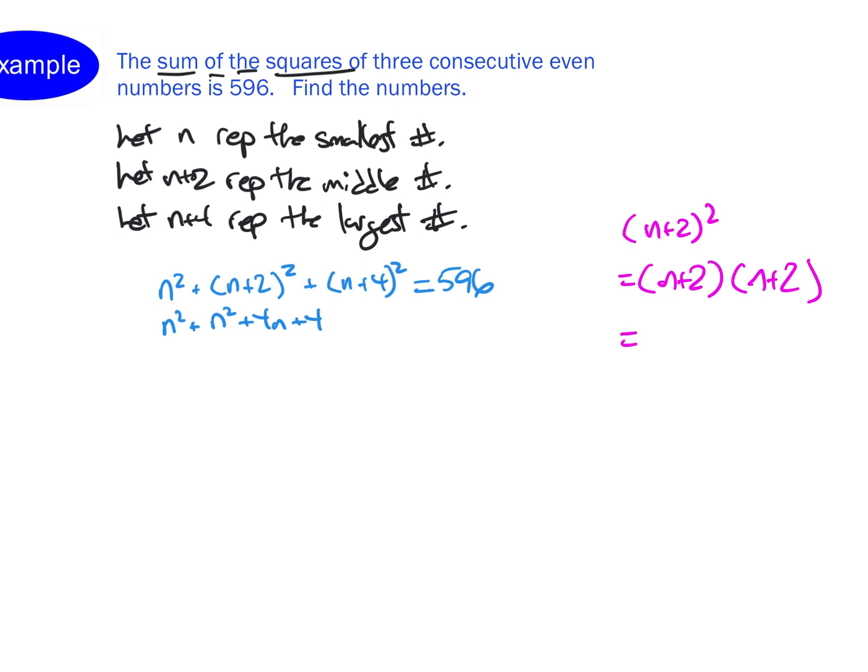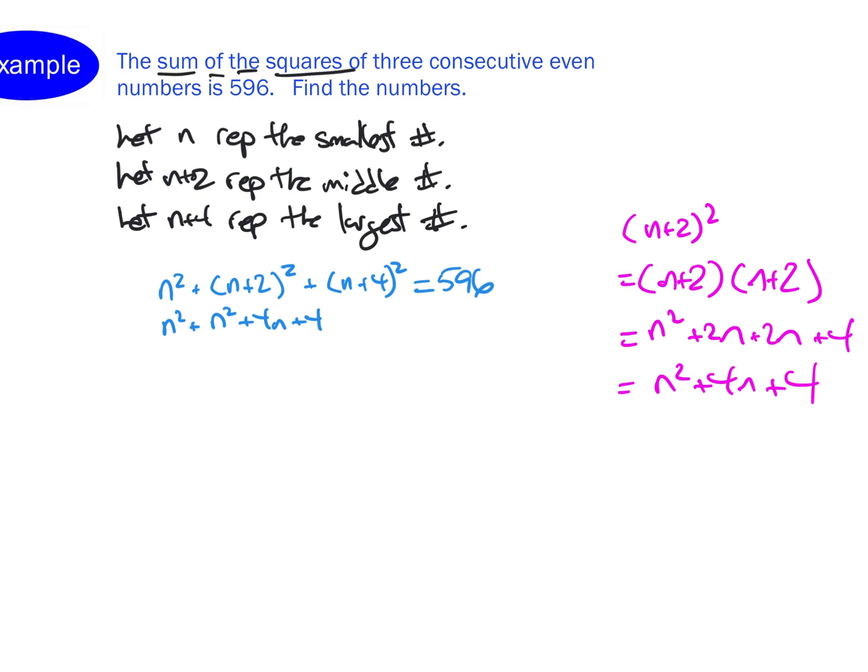So when we work that out, it's n times n, which is n squared. Then it's n times 2, which is 2n. Oh, so you're multiplying them with each other. Yes. 2 times n is 2n, and then 2 times 2 is 4. So putting it all together, it's n squared plus 4n plus 4.